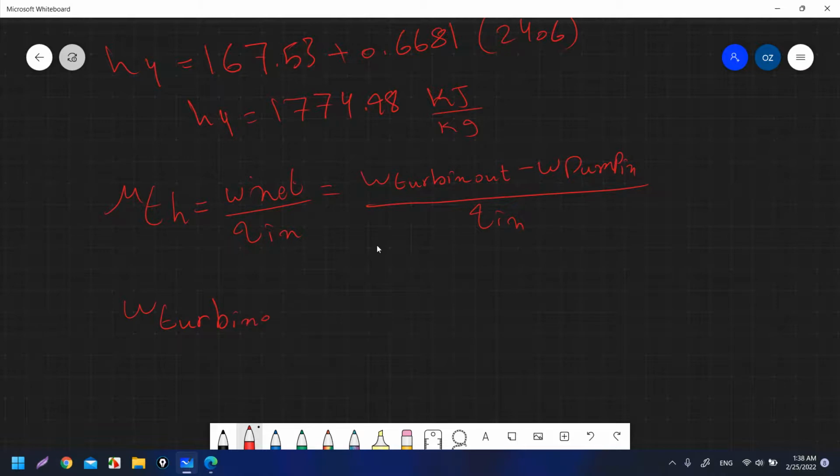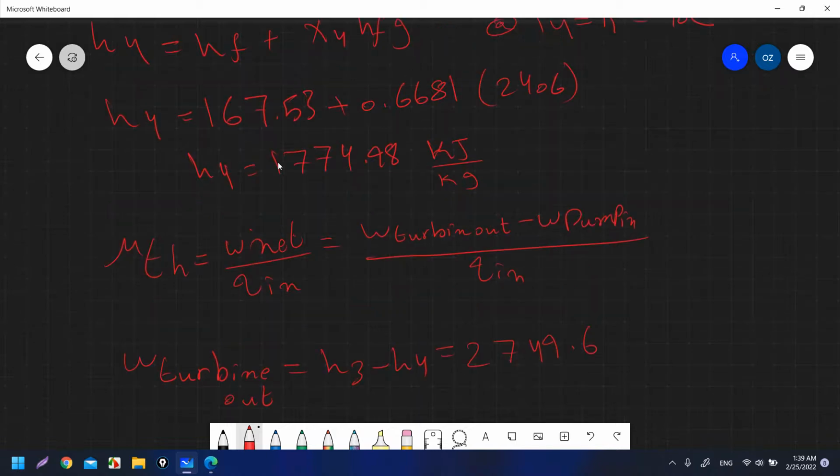Work turbine out is equal to what? H3 minus H4. So it is equal to 2749.6, right? Why is this one 1? It is not 1. This one is what? H4, 1.77. So is this the right number?